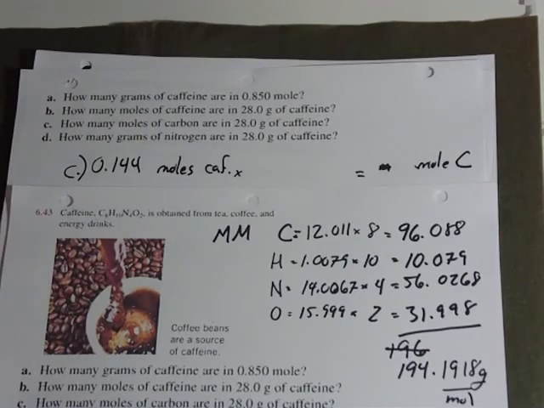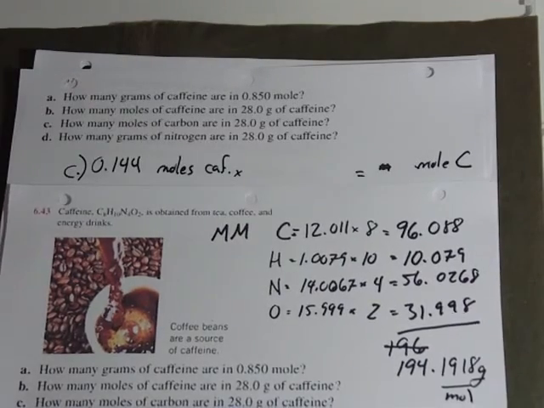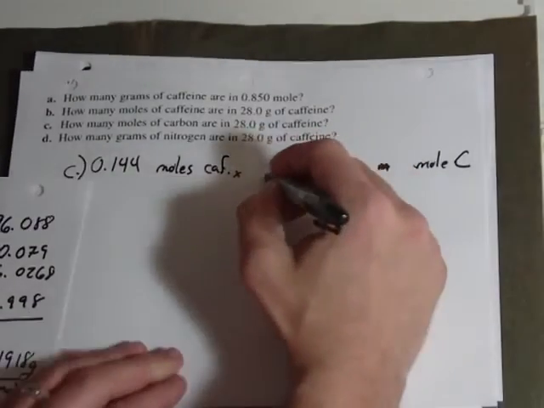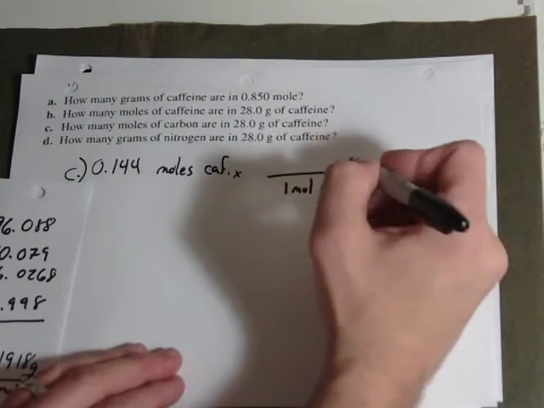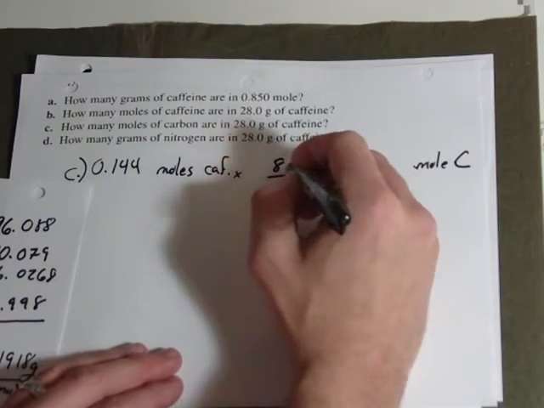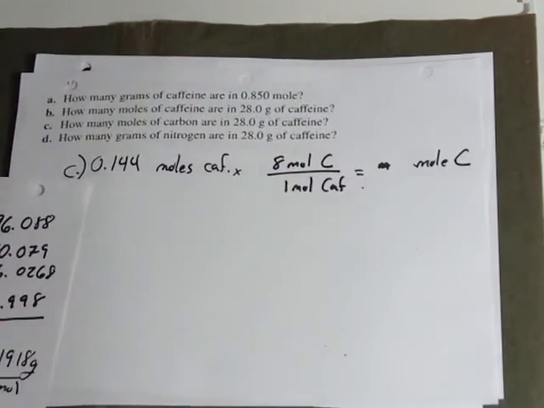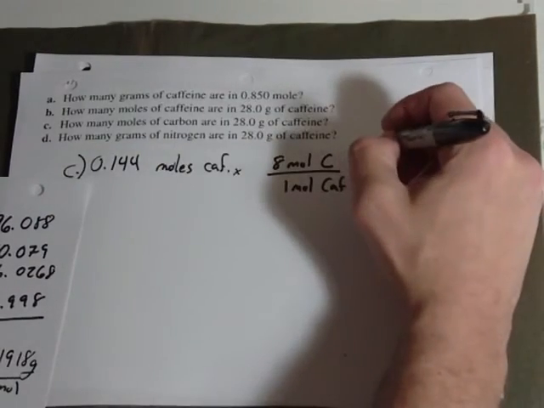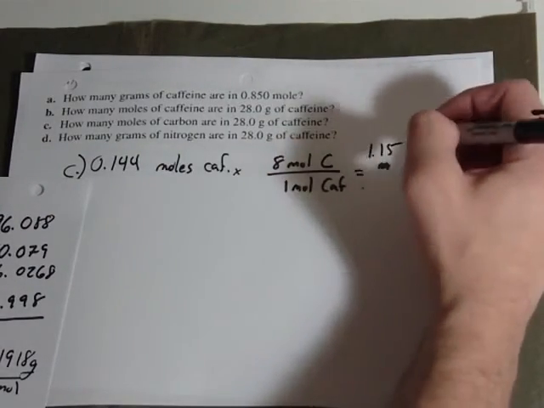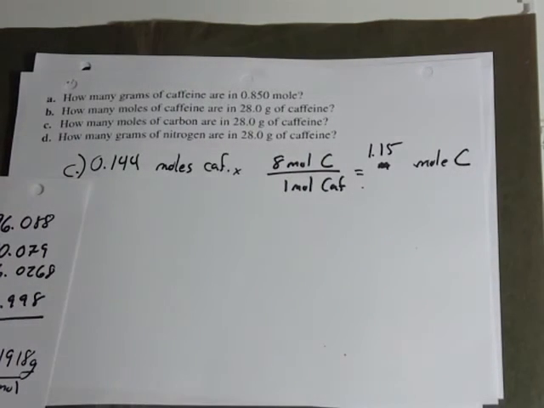So caffeine was C8H10N4O2. So in 1 mole of caffeine, you would have 8 moles of carbon. And so we just have to take our moles of caffeine and multiply it by moles of carbon, and you get 1.15 moles of carbon.